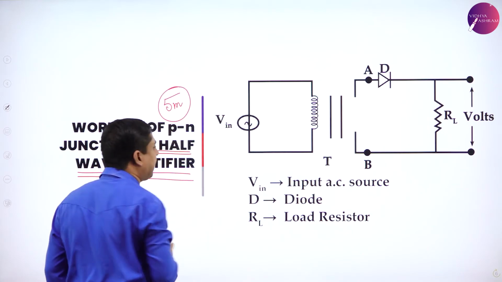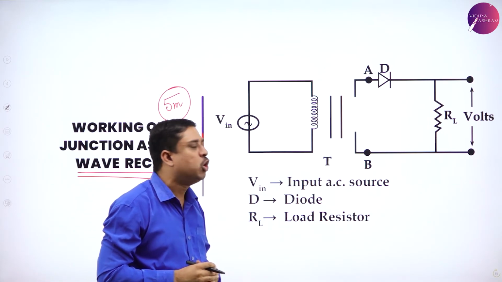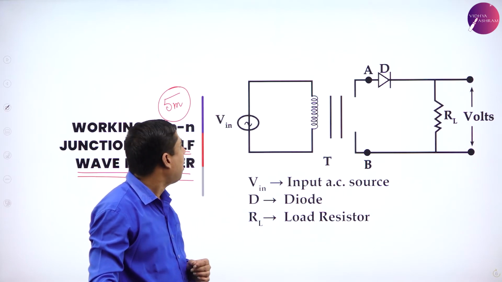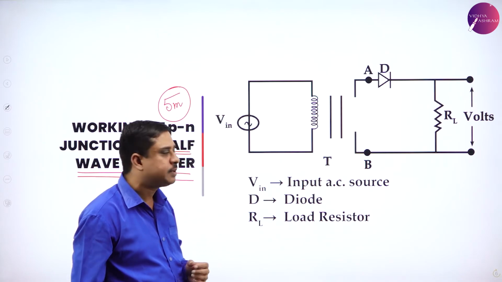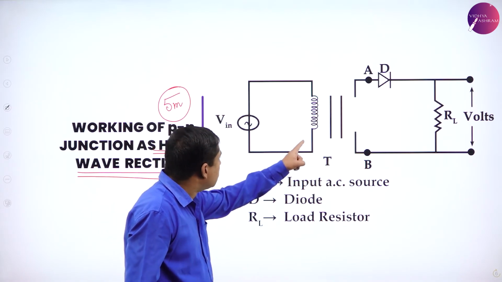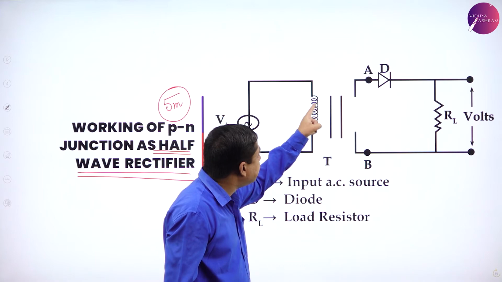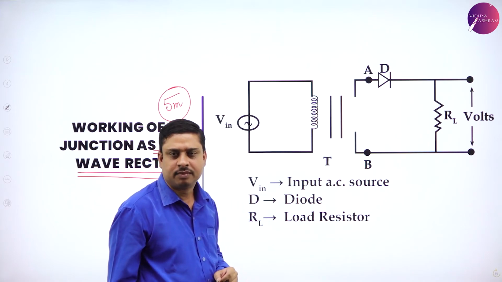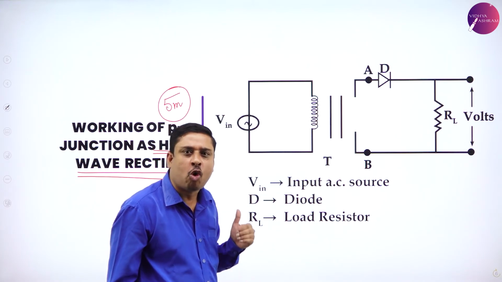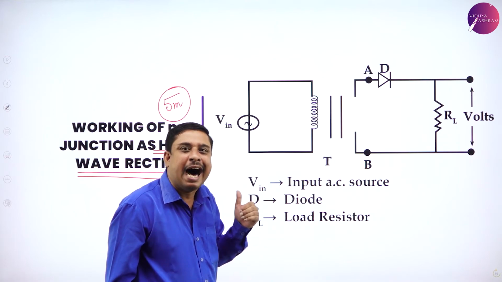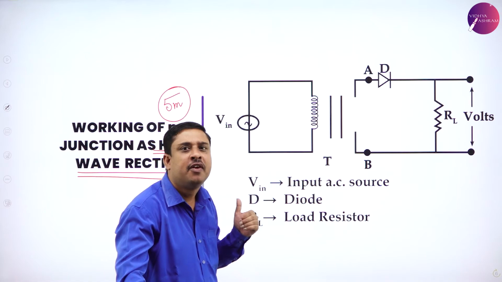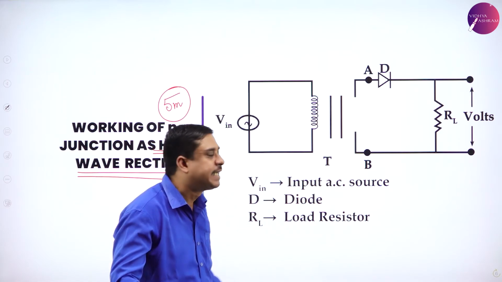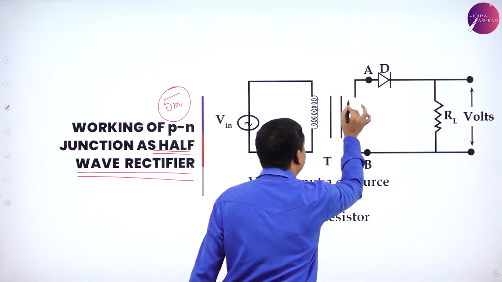A question that is always asked for 5 marks: half wave rectifier. So this is the circuit which shows the arrangement for half wave rectification.